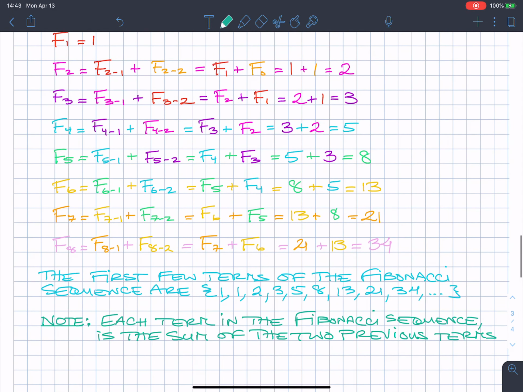Right, so 34 is 21 plus 13. We have that 21 is 8 plus 13. We have that 8 is 3 plus 5. We have that 5 is 2 plus 3. So I just take the 2 previous values and add them together.